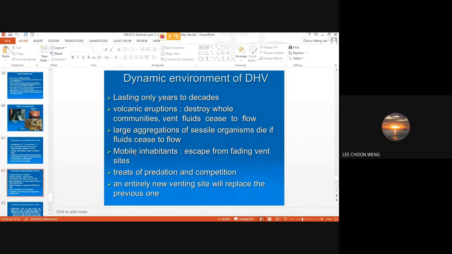So the ones that can move, the nektons, can escape and find new vent sites, okay, but the sessile organisms will die, okay. So it lasts only years to decades. So it's a very dynamic and fragile ecosystem, okay.